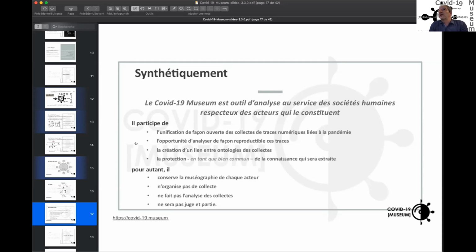It creates a link between the ontologies of all the collections, and it protects the knowledge which will be extracted from this data. It doesn't change the museography of each collection, it doesn't organize the collections, it doesn't analyze the collections, and it won't be what I would call judge and party. So this is the way the COVID-19 museum is imagined.